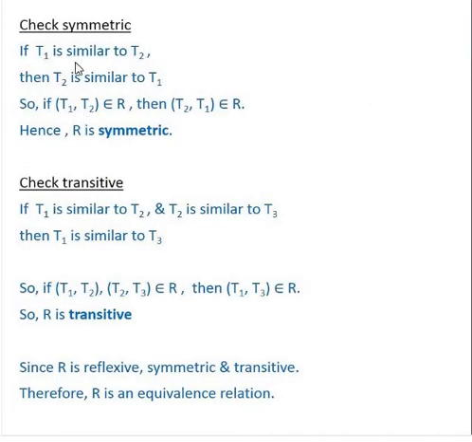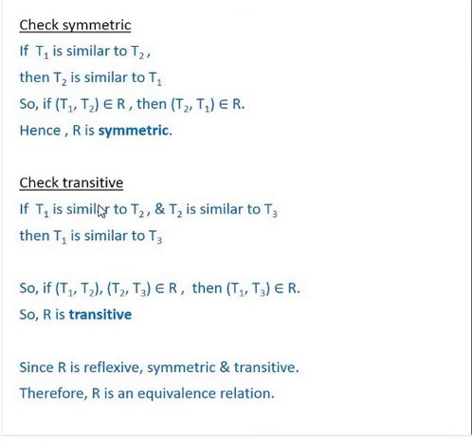Now if triangle T1 is similar to T2, obviously T2 is similar to T1. So this is very simple: if (T1, T2) belongs to R, then (T2, T1) belongs to R, and in that case R is symmetric. Now for transitivity, if triangle XYZ is similar to triangle PQR and triangle PQR is similar to triangle ABC, here we have written T1, T2 and T3.